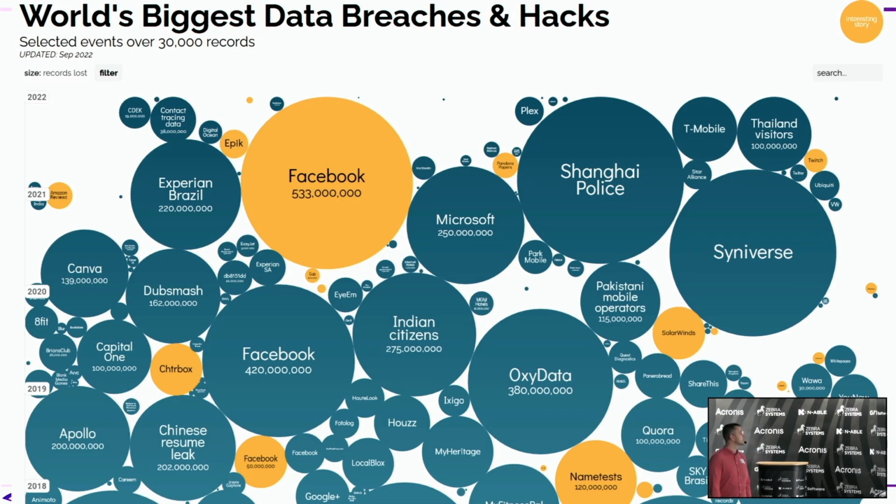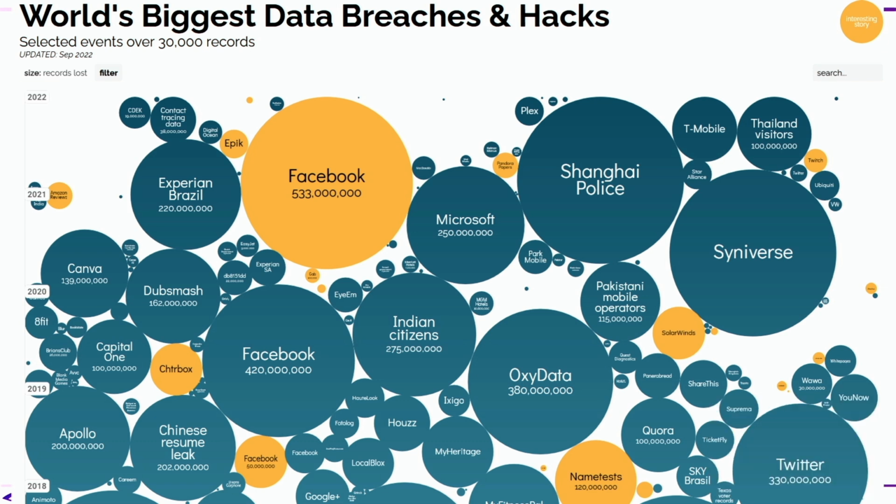And this is a graph of the world's biggest data breaches and hacks. We can see Facebook with 500 million and some others. Shanghai police, it doesn't say, but it says in billions.